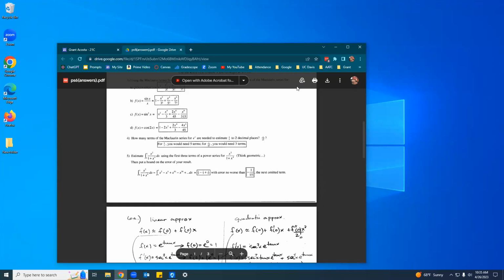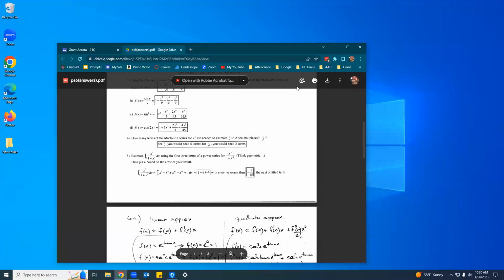So let's see here. We're going to estimate the error. We're trying to estimate e to the -1. Our center is 0. Our x is -1. Our z has to live between there. If our z is between 0 and -1, and we're trying to find a maximum for the n+1 derivative of our function, it's still going to be the same one that we had last time, right?